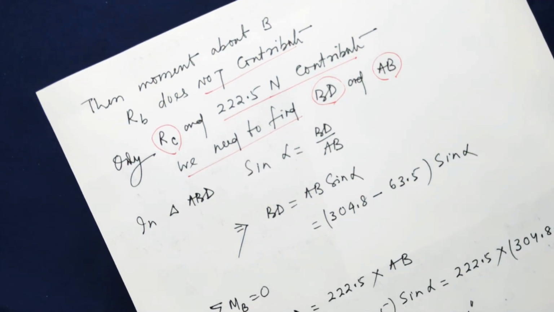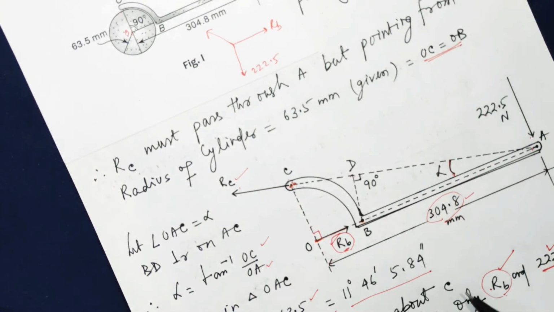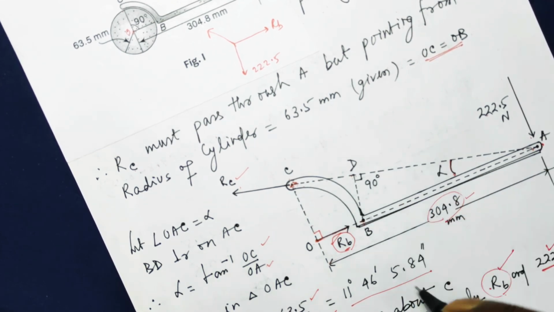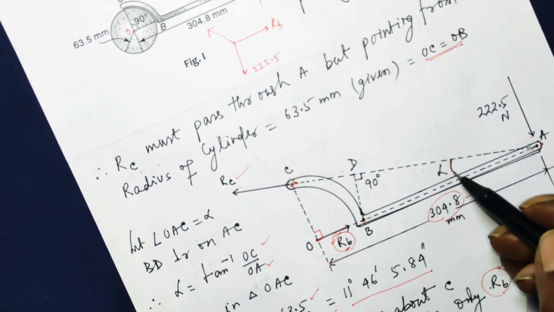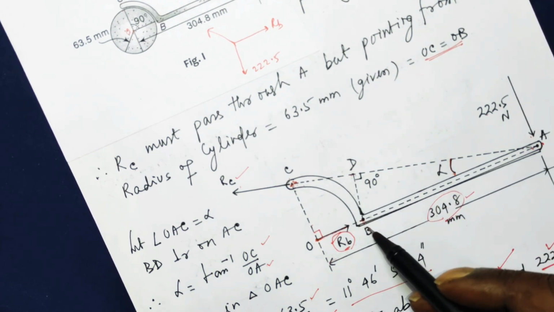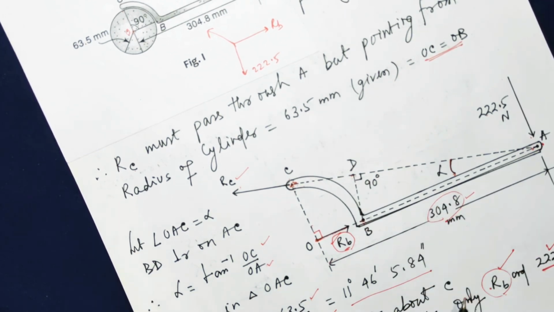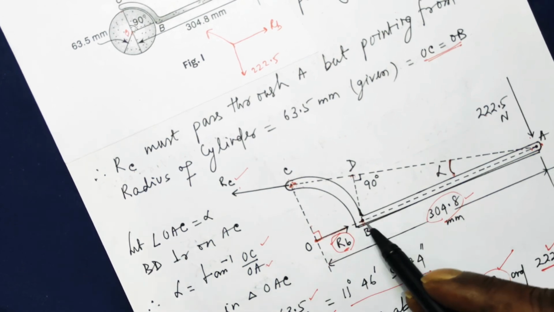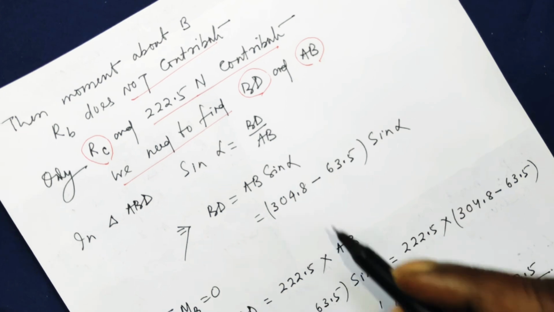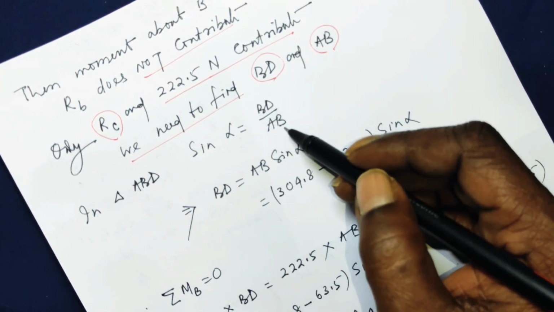Now in triangle ABD, I have drawn a perpendicular. If you take sine of alpha, it will be BD over hypotenuse. That is this length. If you take sine alpha, it will be BD over AB.